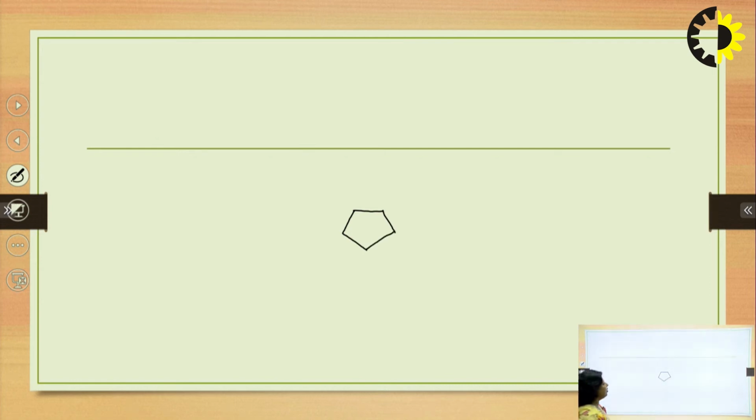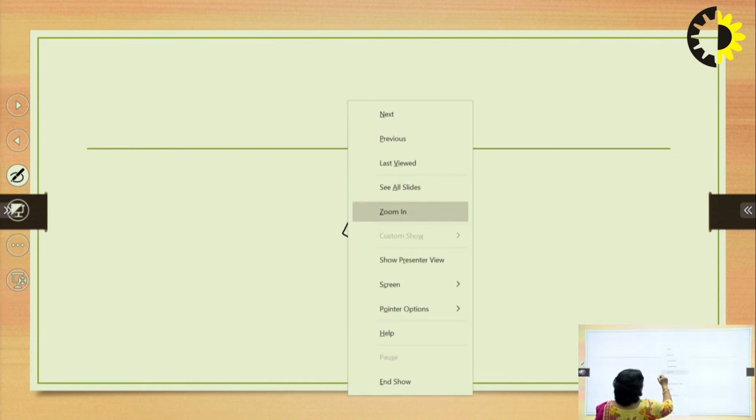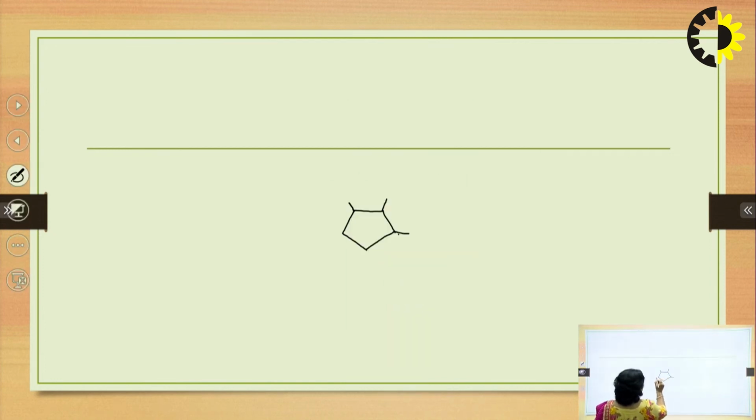If you have all equal sides, then there will be no issue. Just place a straight line from the pentagon, all equal lines from the pentagon.